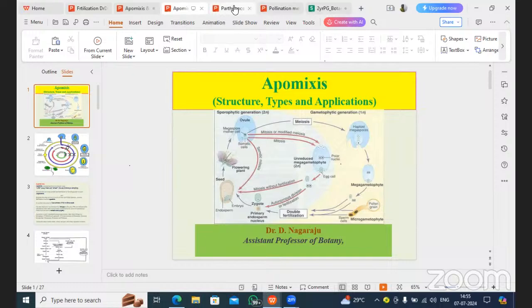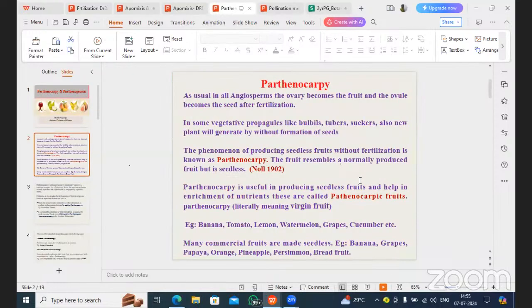Nowadays the seedless fruit market is larger. Seedless fruits like banana, seedless tomato, seedless lemon, watermelon, grapes, cucumber are formed by parthenocarpy. Without fertilization, fruit formation takes place.